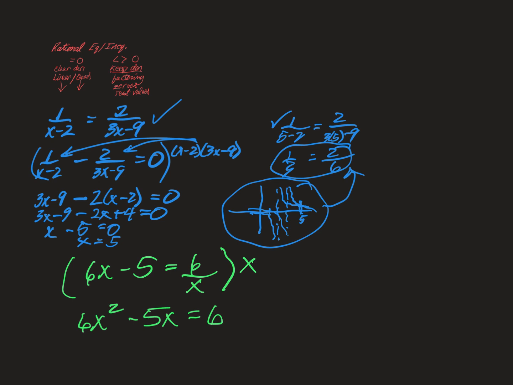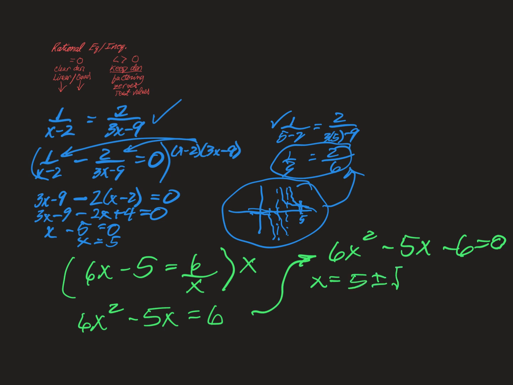So this one turns out to be a quadratic: 6x squared minus 5x minus 6 equals 0. I can factor that one, I think, but let's use the quadratic formula here because we haven't done that yet. So sometimes you'll get a quadratic, and then you have to use the quadratic formula.